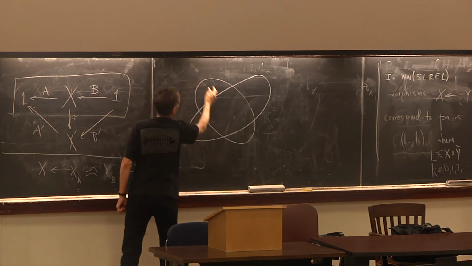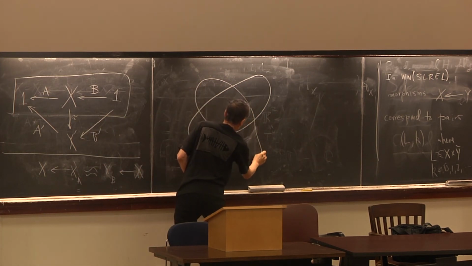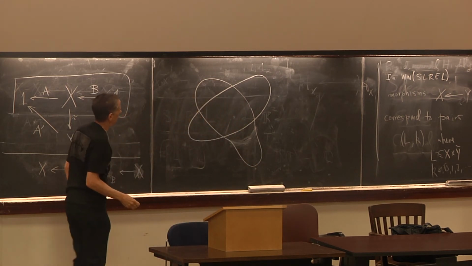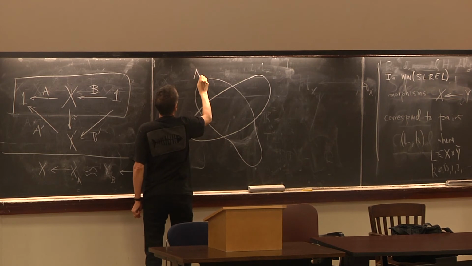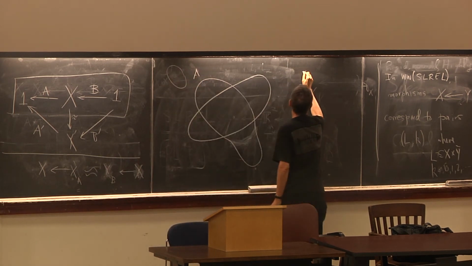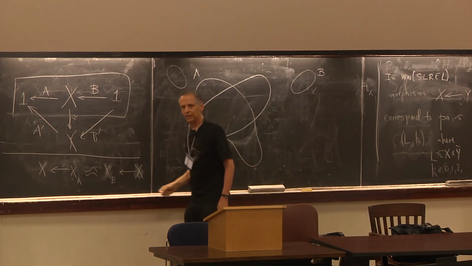So I'll think of this oval here as, let me make it a little different so that you're not tempted to think that they were the same, I'll call this space A, and the one going this way, B.